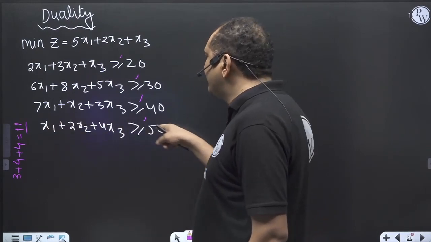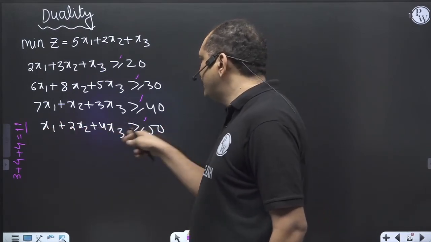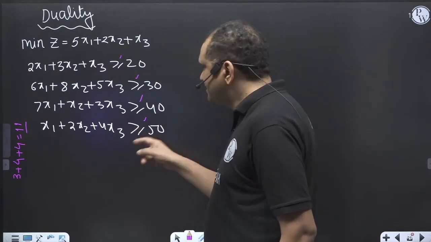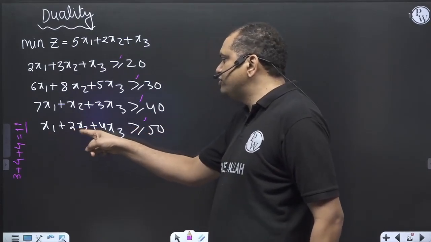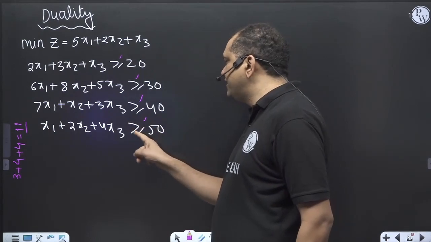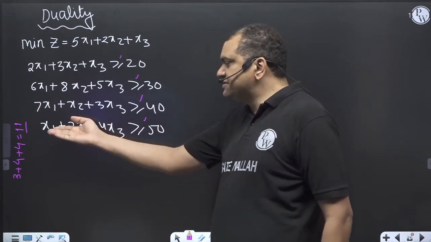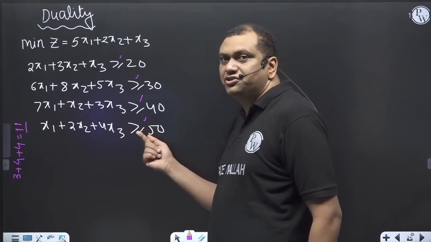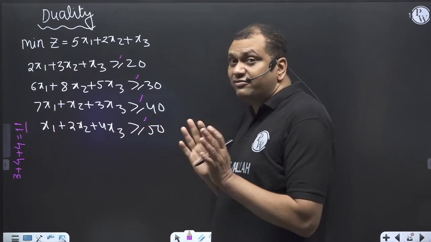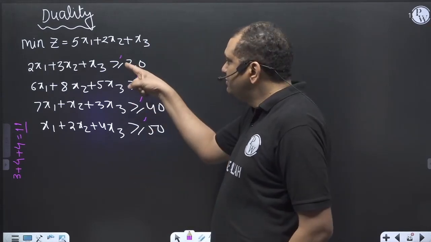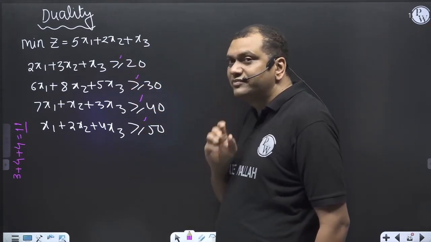Multiply the entire thing by negative. If I do that, the sign will change. For example, minus x1 minus 2x2 minus 4x3 less than or equal to minus 50. If you put negative sign everywhere, the sign will change. So before converting any primal problem into a dual, these signs should be same.